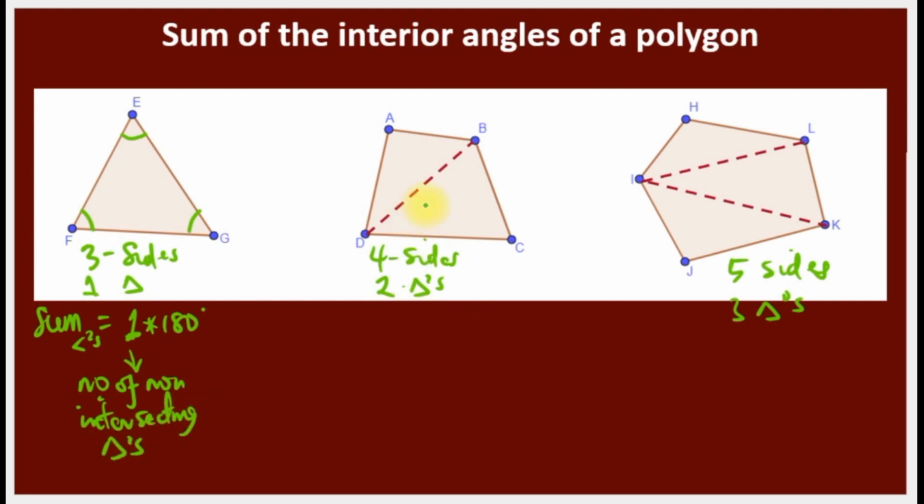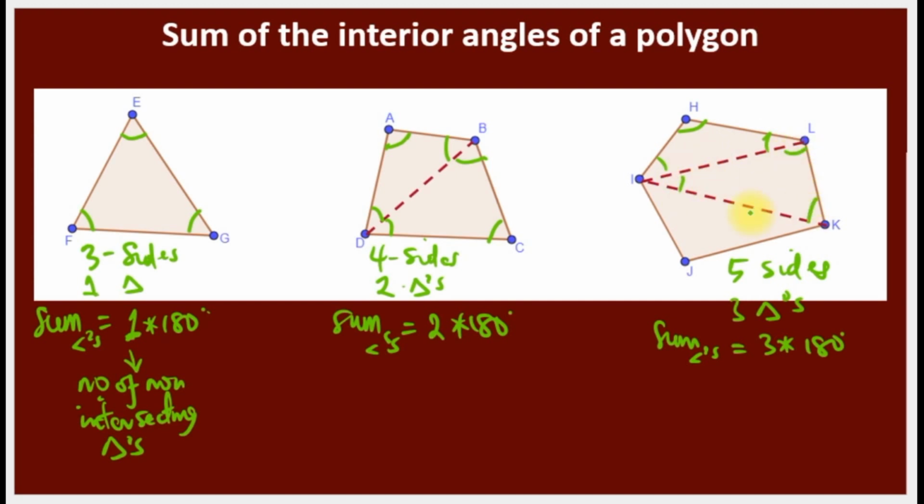For this one, we have 2, so 1 is 180 and this is the second 180. The sum of the interior angles will be 2 times 180 degrees. Coming here, the sum of the interior angles is 3 times 180 because we have 3 triangles: 1, 2, and 3.